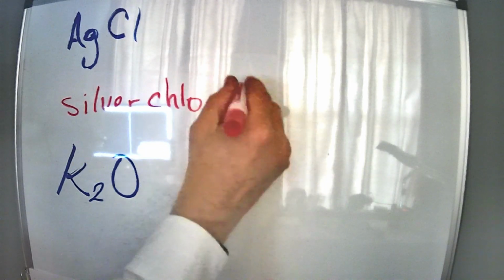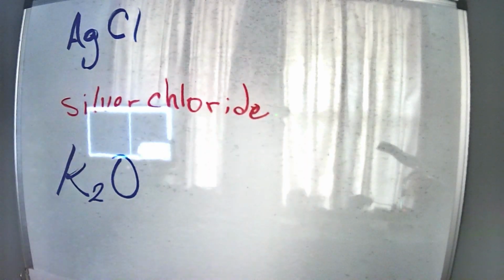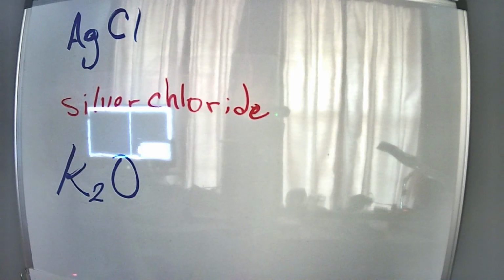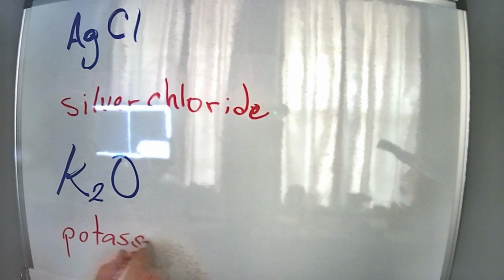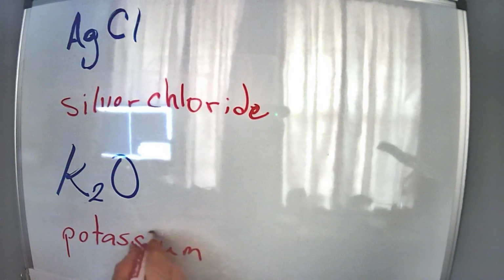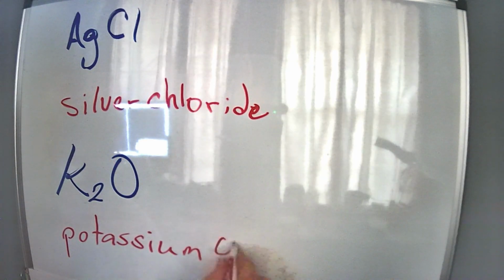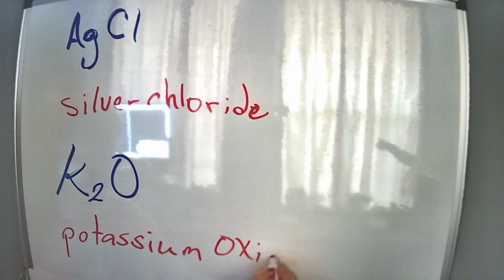So for our first example here, we have AgCl. Ag is silver. Cl is the chloride ion. So silver chloride. For our next example, we get K, which is potassium, and O, which is the oxide ion, so potassium oxide.